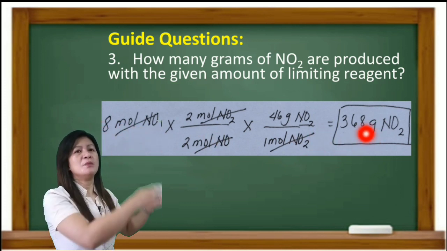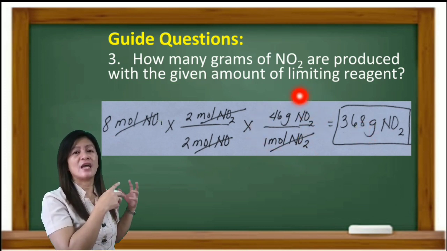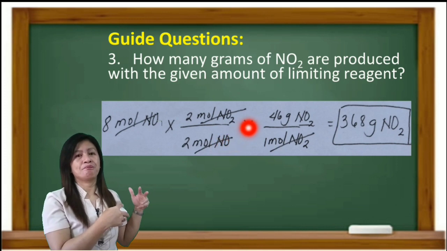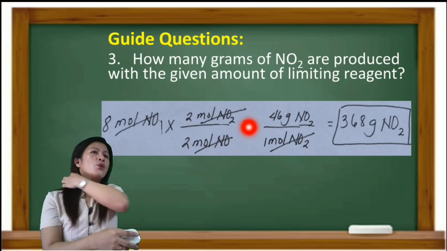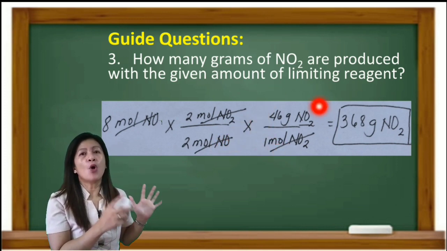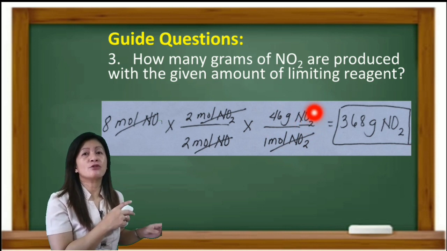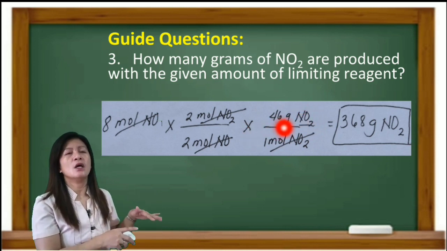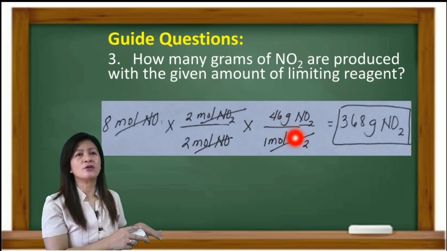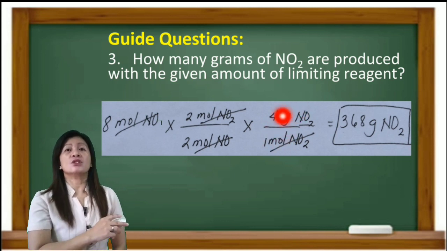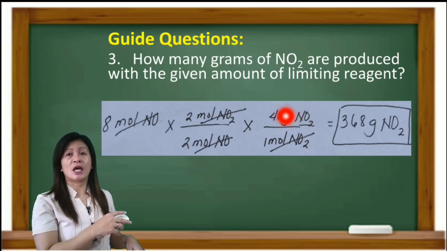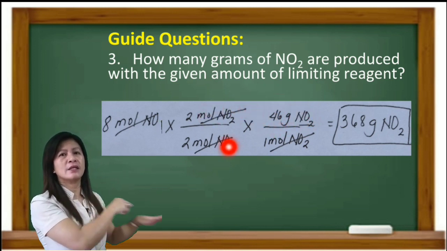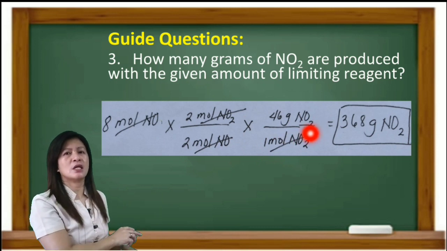In this case, we will be needing another conversion factor aside from the mole to mole ratio. This time we will be needing the molar mass of our product, nitrogen dioxide, which from the previous slide we have as the equivalent: 1 mole of nitrogen dioxide equals 46 grams of nitrogen dioxide. Using that as a conversion factor, we can now cancel mole of nitrogen dioxide in the numerator and mole of nitrogen dioxide in the denominator.